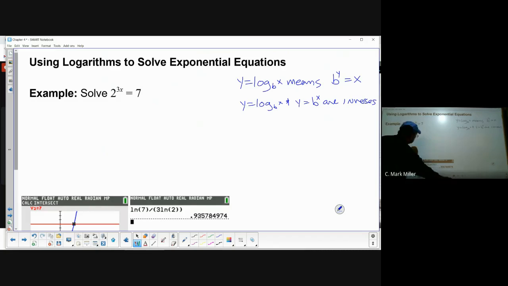So, natural log of the left equals natural log of the right. I'm solving for x. A property of logs is that this 3x can go down front.